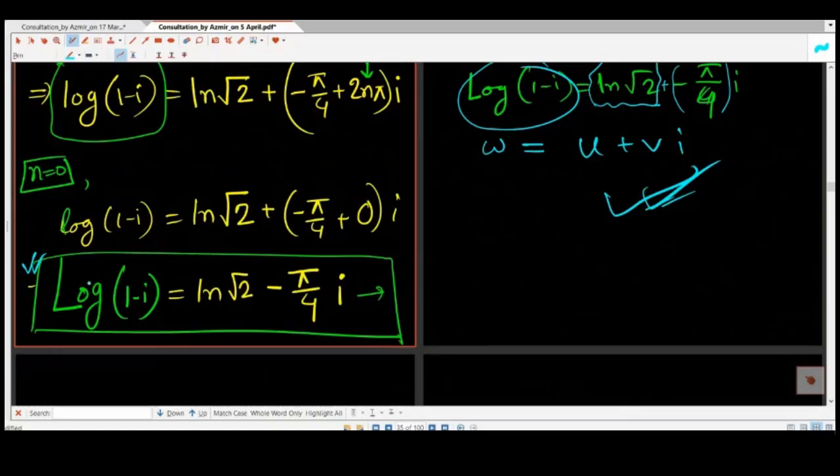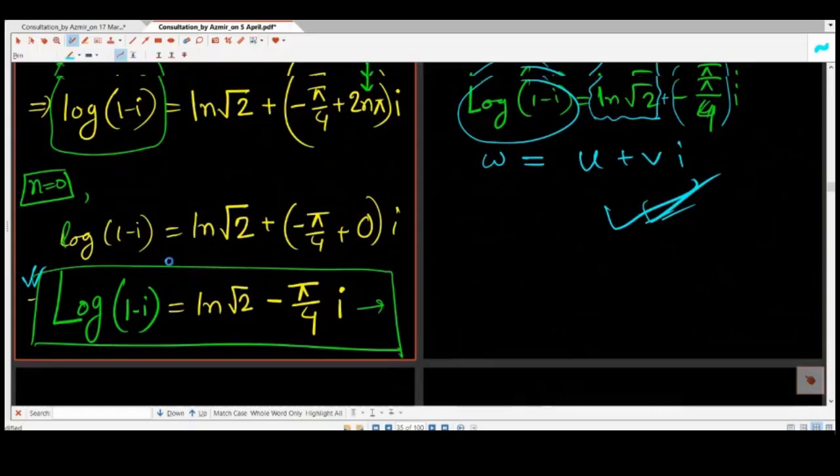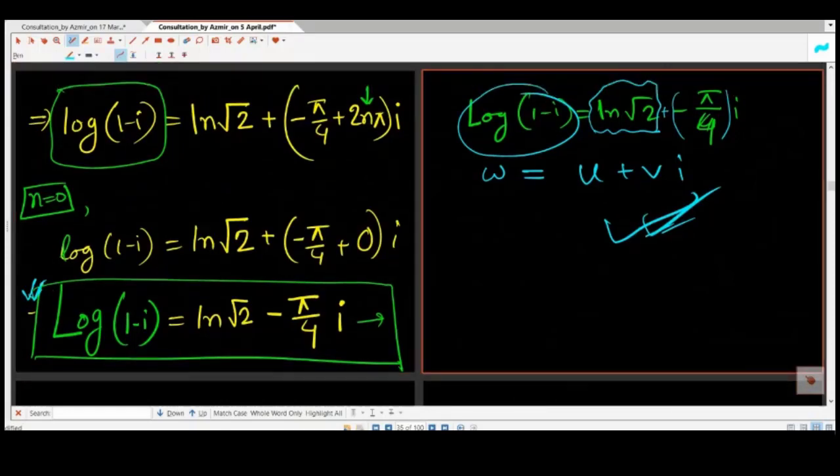They can be made analytic if we find single valued functions, like for n equals 0 we have this single valued function, for n equals 1 we have another single valued function, like that.